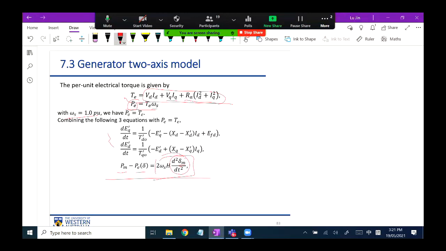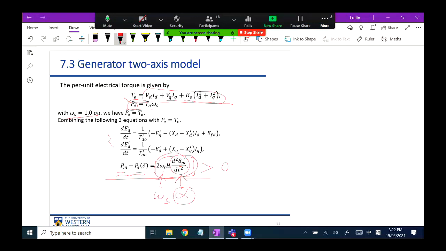If this is greater than 0, the angular acceleration should be positive. This indicates that the rotor of the generator should speed up. Again, if PM is greater than PE, the mechanical power will make the rotation speed of the rotor faster, so it is speeding up.